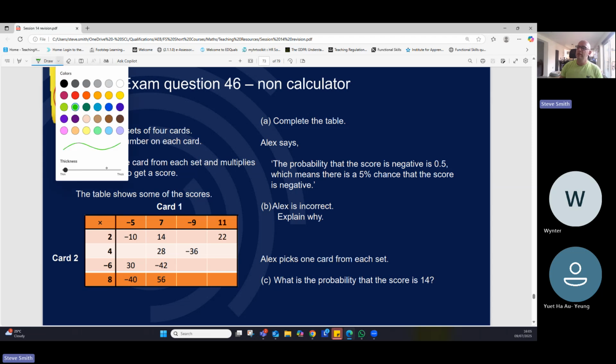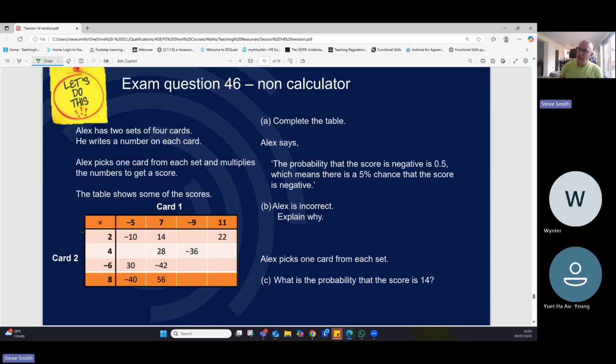Here we go, green. We're looking at multiplication, and you can see if it's a minus times a minus, it becomes a plus. I always think of it as, if that number goes over to that side, literally, two minuses become a plus.